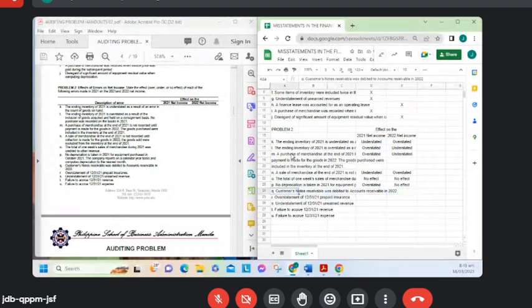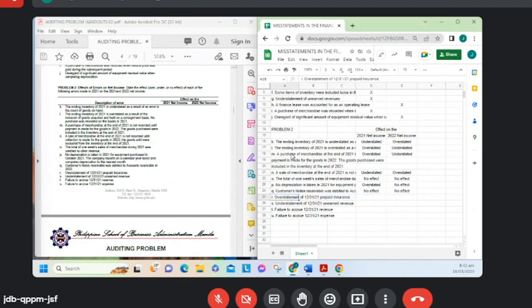Letter Q. Customers' notes receivable was debited to accounts receivable in 2022. This is a reclassification error as well, and it only affects the balance sheet accounts of notes receivable and accounts receivable. So it will have no effect on net income.